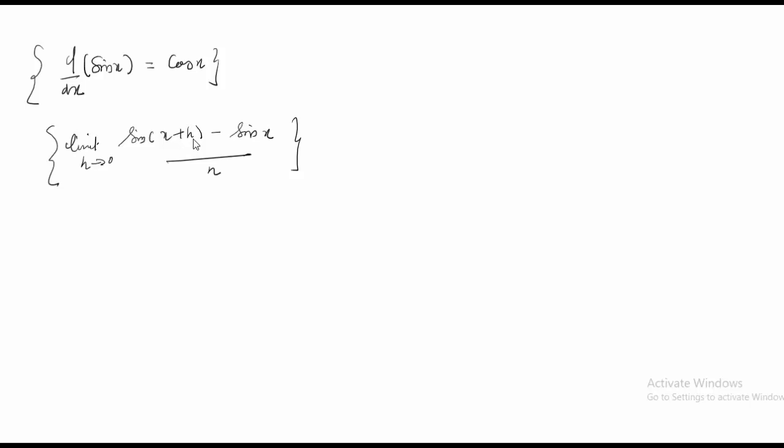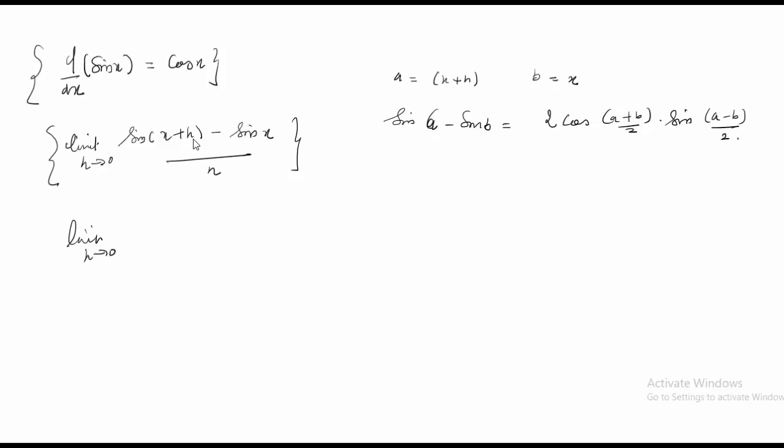And now my a is equal to x plus h and my b is equal to x, and sin a minus sin b is equal to 2 cos of (a plus b)/2 into sin of (a minus b)/2. So what this will give is the limit as h tends to 0 of 2 cos of (2x plus h)/2 into sin of h/2, divided by h.